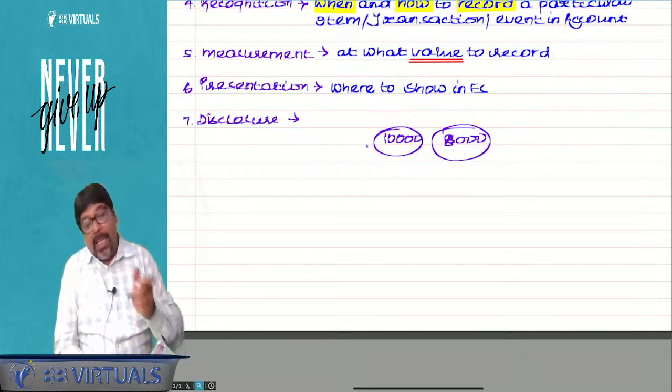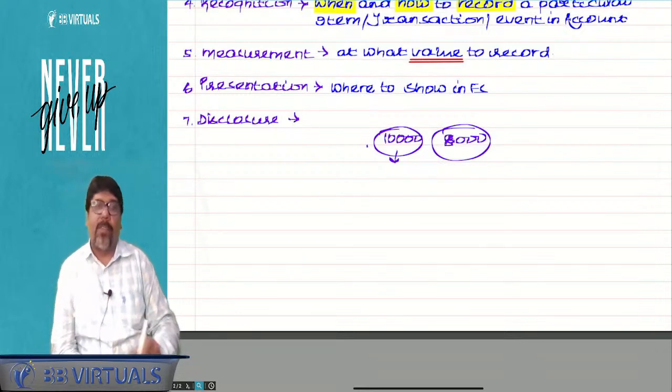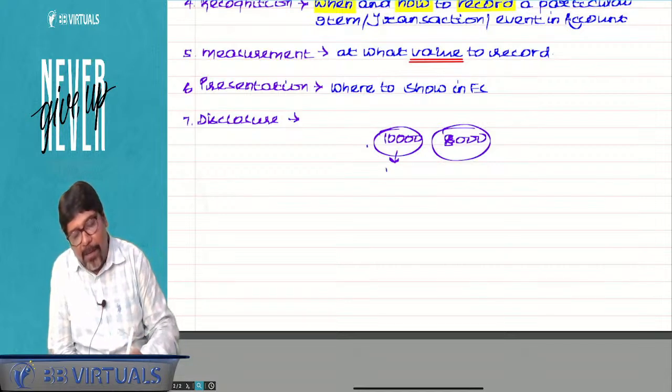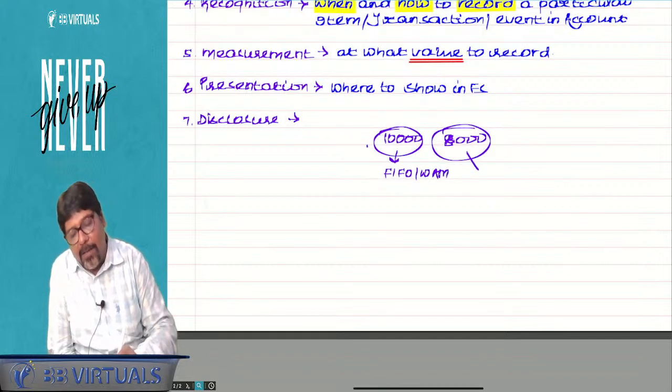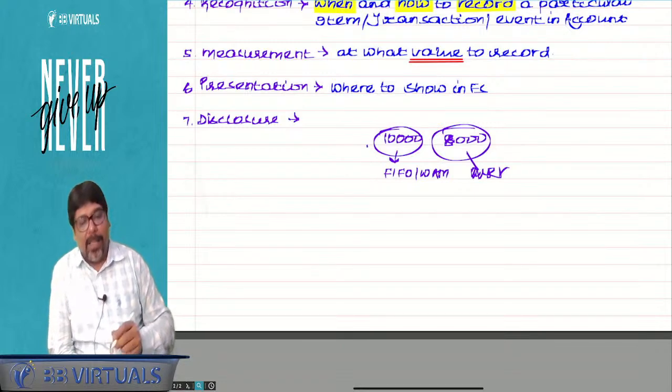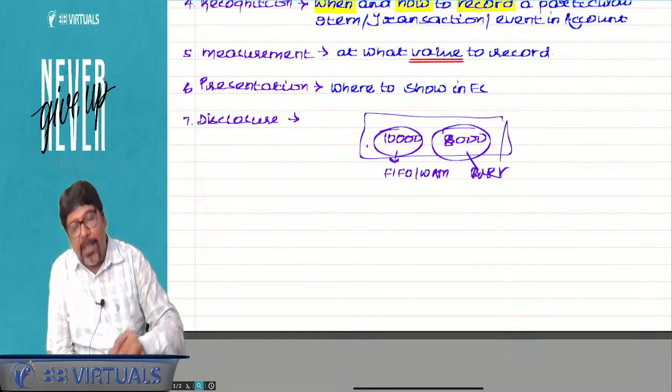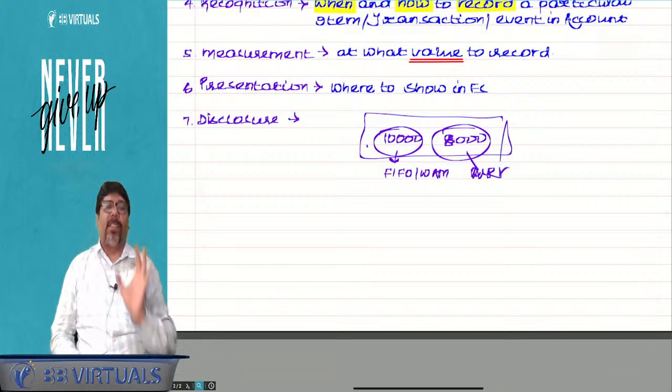Now, chartered, how did you get this cost? Cost, you can get it by FIFO also. You can get it by weighted average method also. How did you calculate NRV? So in the financial statement, you will see on the asset side 8,000 is written.